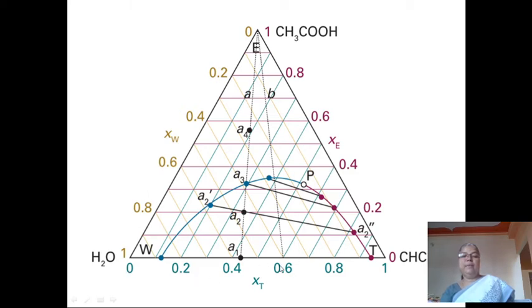On this side the composition of H2O and CHCl3 is expressed. Similarly, this side expresses the composition of CH3COOH and chloroform. Remember well.